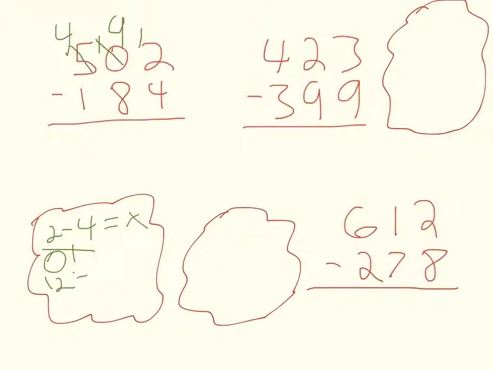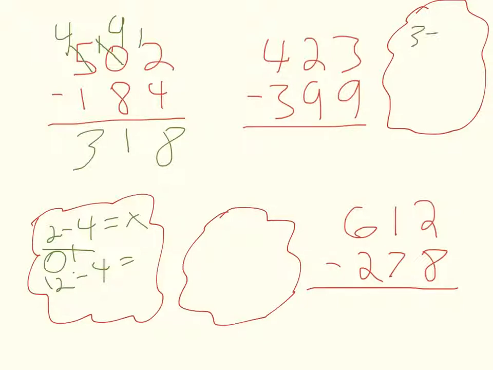I'm doing 12 minus 4, which is easy. 12 minus 4, 8. So I'll move to the middle column, and I say 9 minus 8 is 1. Not bad. And the final column, the hundreds column, 4 minus 1 is 3. 318 is my answer. Very cool. I love trading across zeros. Anyways, let's go to the next one.